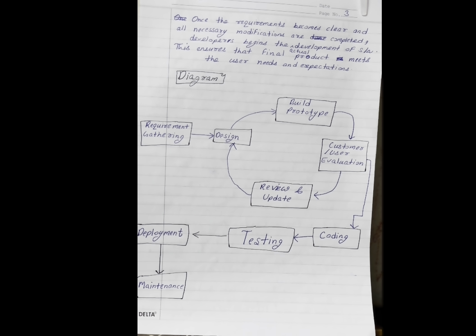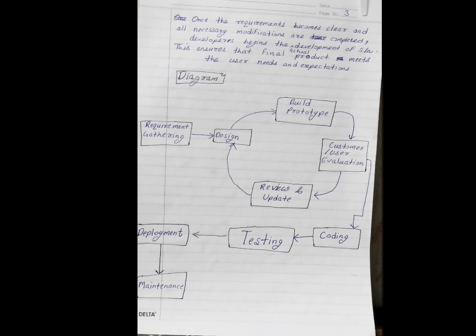This process can continue several times until the users are satisfied with the prototype and all the requirements become clear. I think I already explained that in previous points. There is some similarity between them.